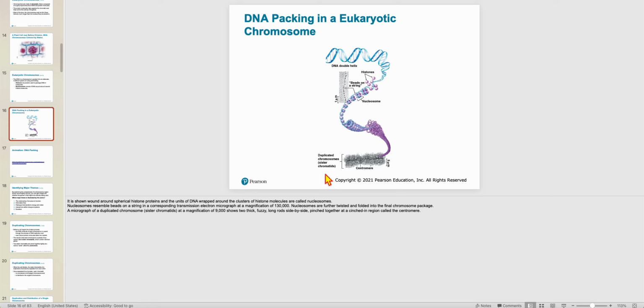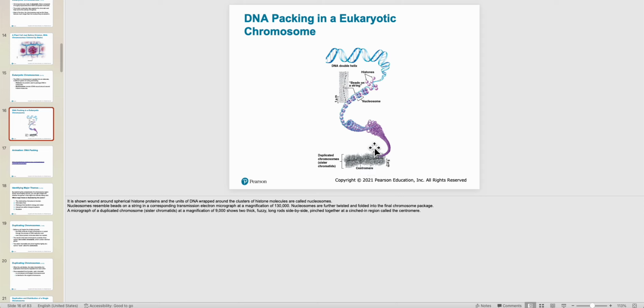I know it's small print, but it says sister chromatids, because there are actually two there that look like an X. And that strand and that strand are copies of each other, and they're called sister chromatids. And that's what makes up a chromosome. Sister chromatids, which is each leg, and each leg is now a sister chromatid of the other.